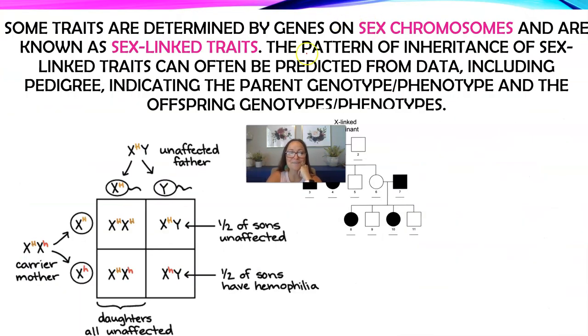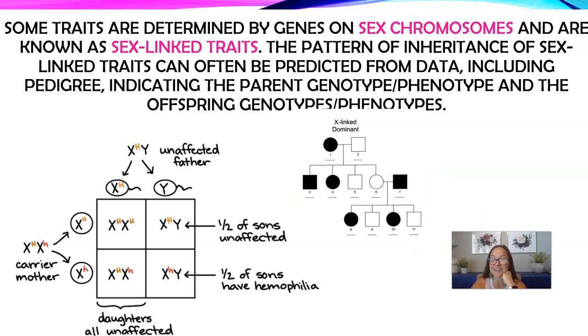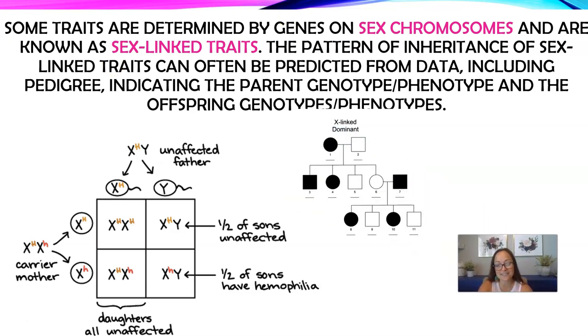Okay. So some traits are determined by genes that you find on sex chromosomes and are known as sex-linked traits. When we talk about sex-linked, we're pretty much talking about genes on the X chromosome. The Y chromosome in humans has only about 30 genes on it, whereas the X has about 1,000 genes.